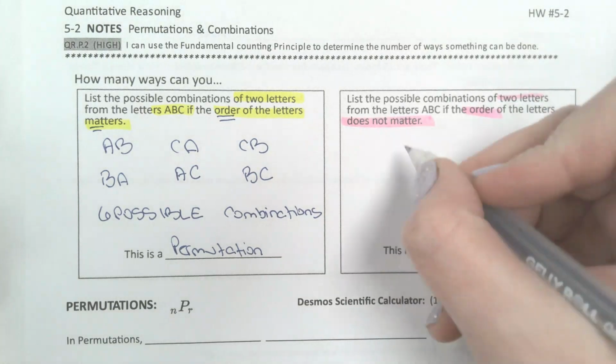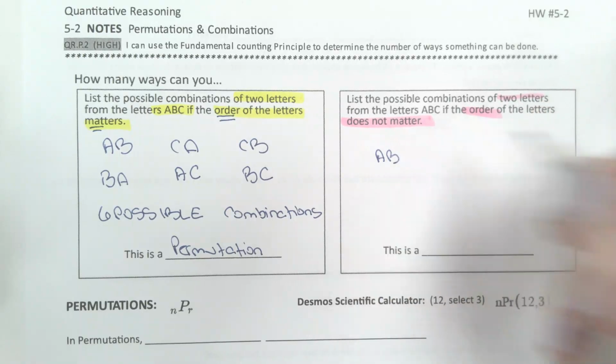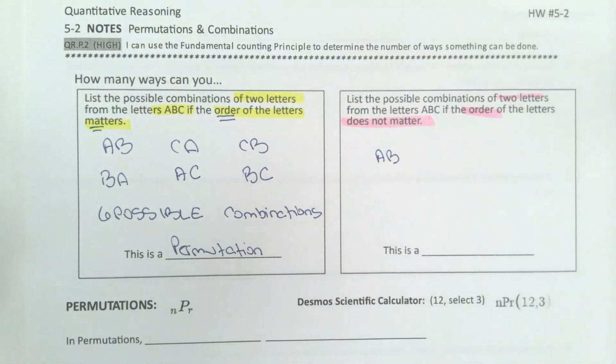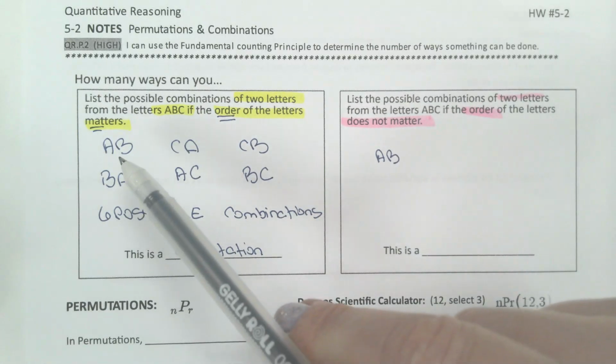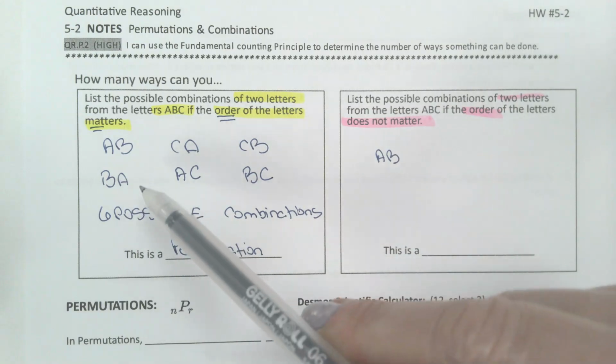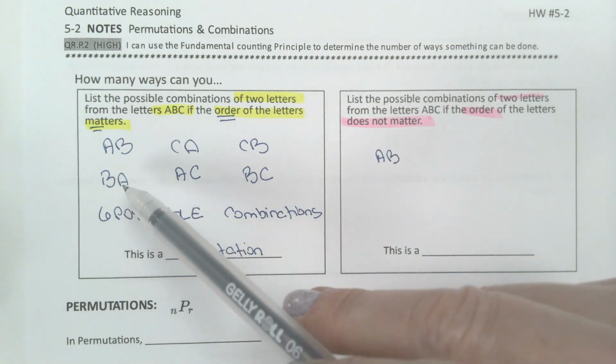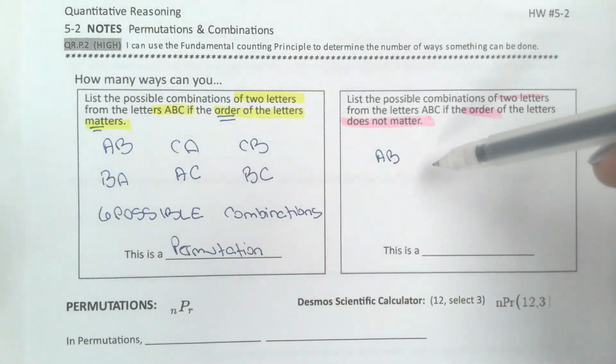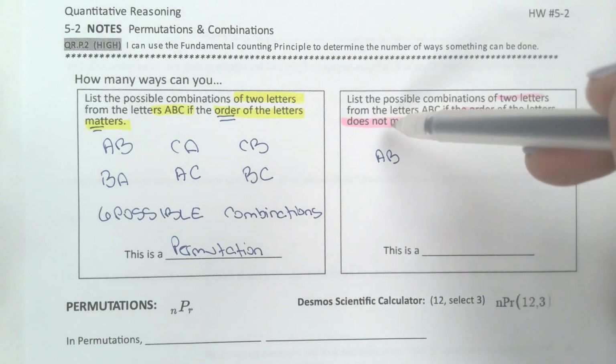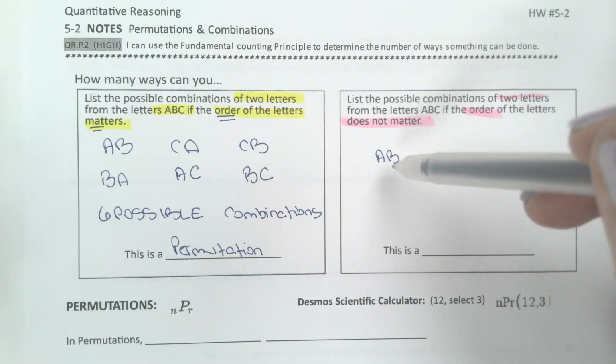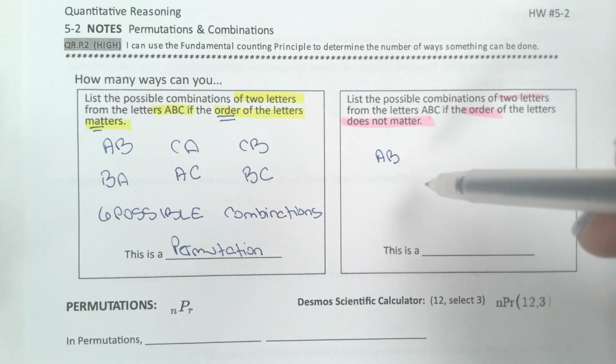So we're starting over. We had AB on the first one. Over here, when the order mattered, I could put BA. But over here, it says the order does not matter. So can I put BA here on this one?